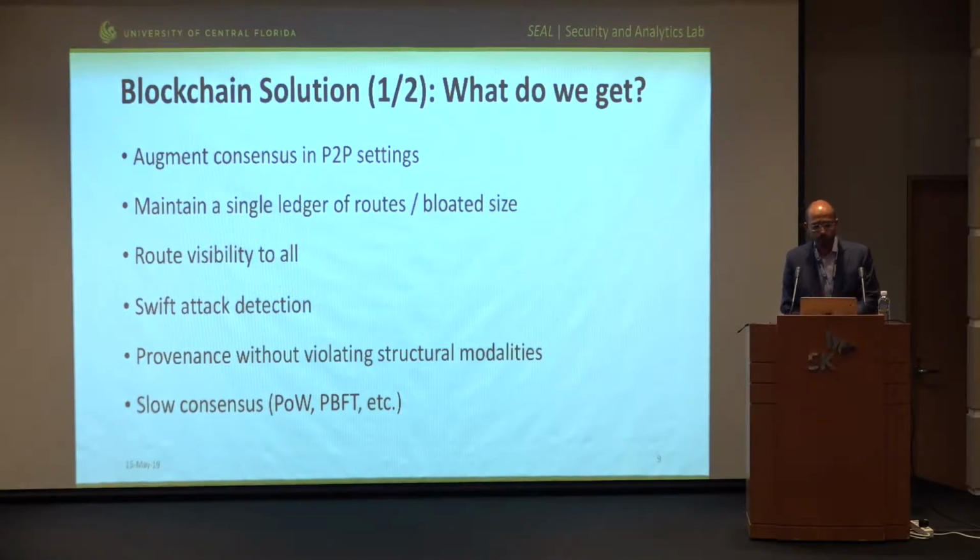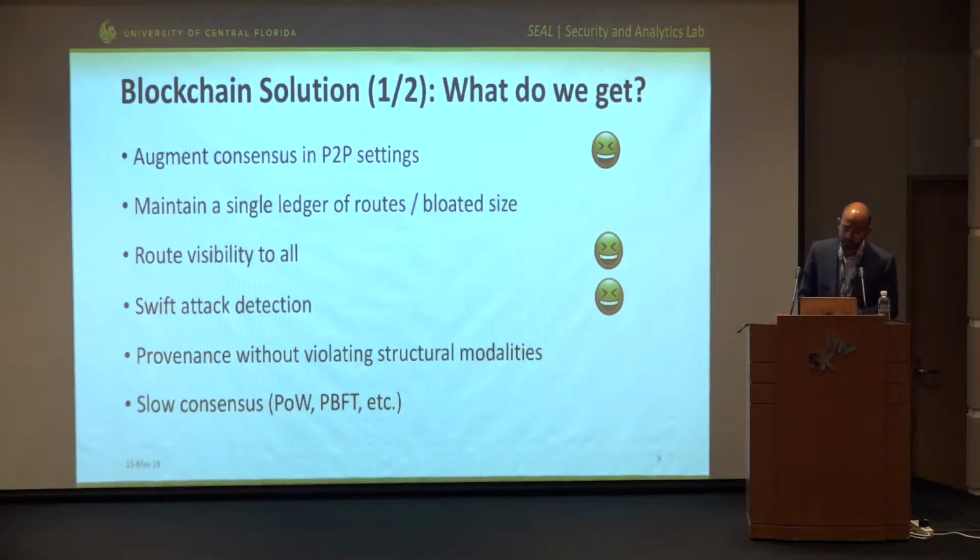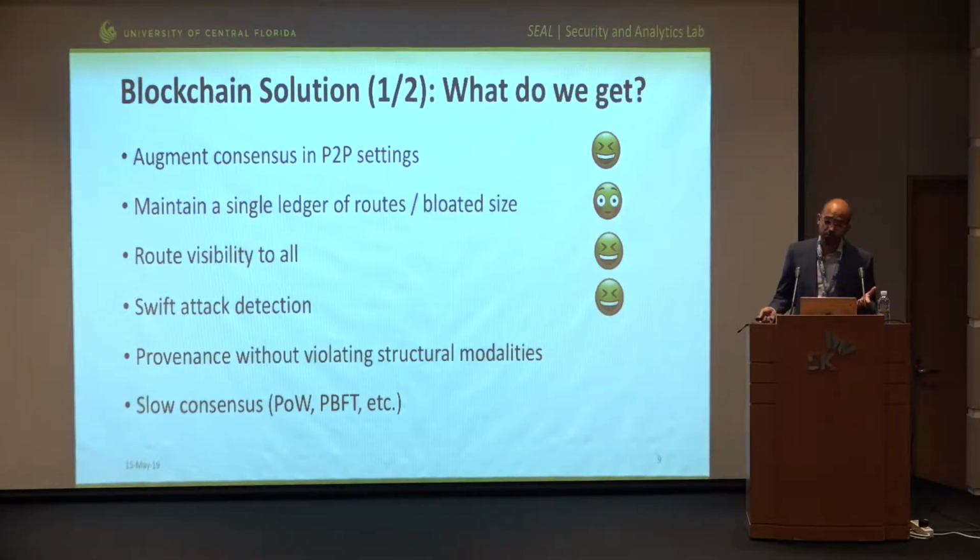Maybe we will have a slow consensus by design for most of the existing consensus algorithms, such as proof of work and PBFT. So in social media terms, we will have some good properties, such as the consensus being over peer-to-peer settings, route visibility, and swift attack detection. We will have something that is less amazing, such as maintaining a single ledger of routes, which is of bloated size, so that's very hard to maintain.